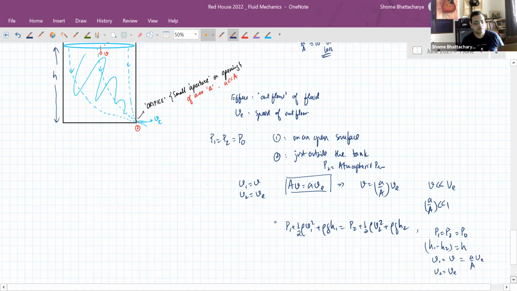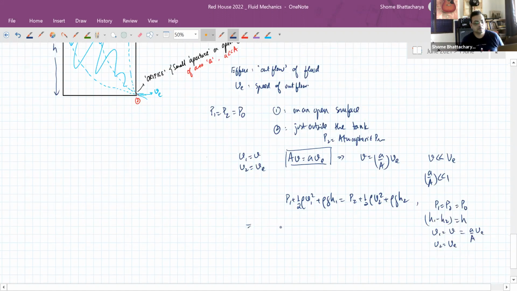So applying these parameters here, we'll get rho g h is equal to half rho VE square into 1 minus a square by A square. So the proper formula for efflux velocity becomes square root of 2gh divided by this, but we can also approximate this as.